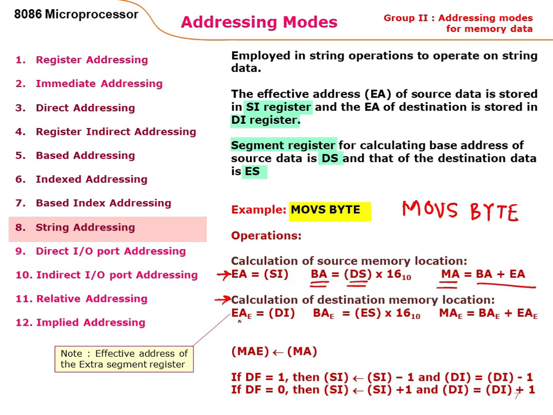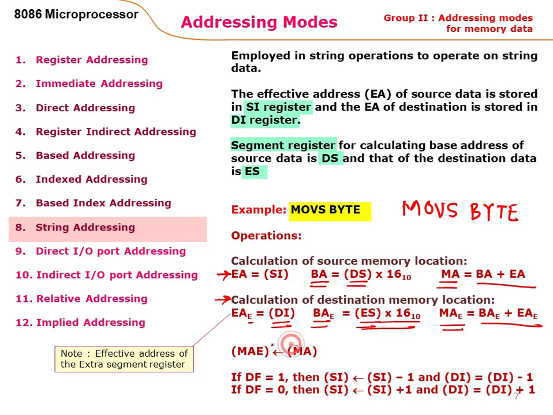Here E denotes the extra segment, so the effective address in the extra segment is the destination index. The base address in the extra segment is calculated from the extra segment register value multiplied by 16, and the memory address in the extra segment is calculated by adding the base address value and the effective address value.